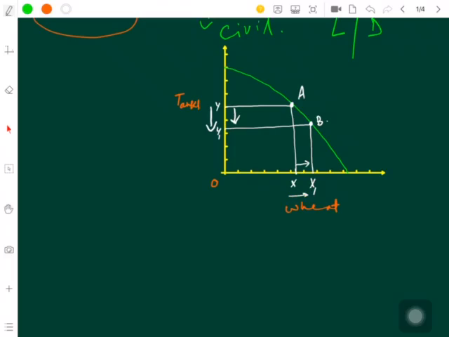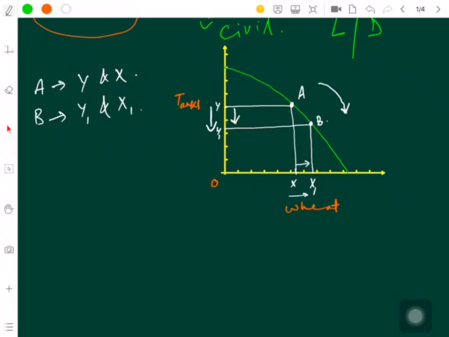This is also the answer for your production possibility curve and opportunity cost if you take them together. For the time being, we are going from combination A to combination B. Combination A has Y of tanks and X of wheat, while combination B has Y1 of tanks and X1 of wheat.